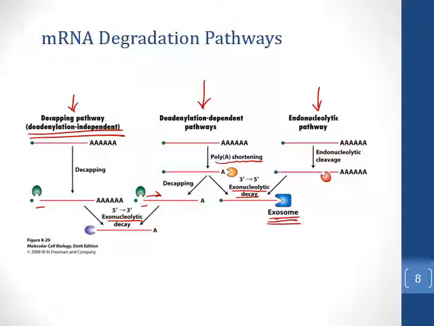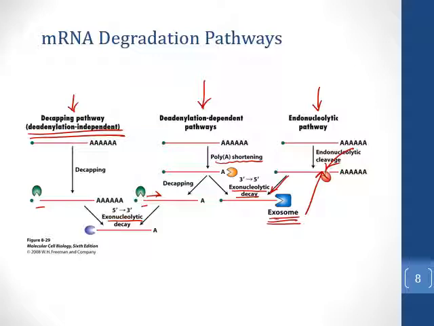And if it clips the RNA, as you can see right here, then the ends are no longer protected. This end right here would no longer be protected, and we can get degradation in the 3' to 5' direction. So this is an endonucleolytic pathway.